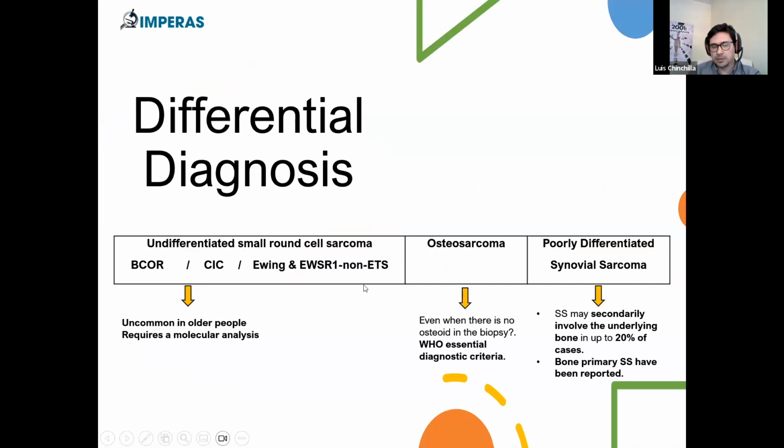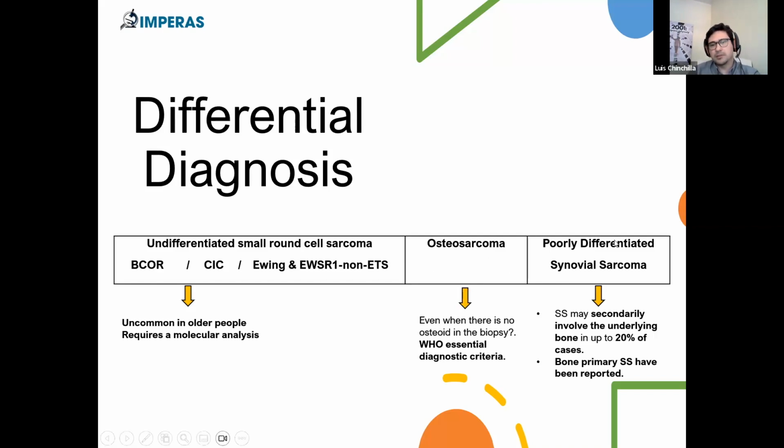But some cases have been described in old people, and I'm a young pathologist, and I don't have a lot of experience in this tumor, so I thought I had to rule out these two. But osteosarcoma is a good option. But my problem in this case was that I didn't find osteoid, and the myxoid areas were very extensive in the biopsy.